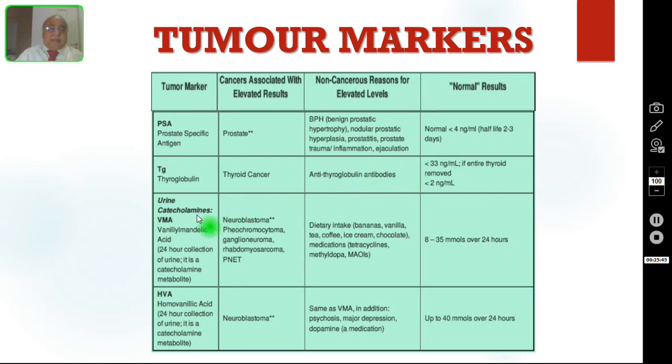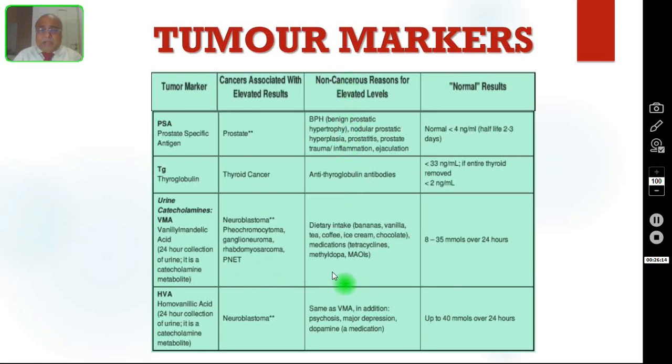The next tumor marker is the urine catecholamines, that is VMA or vanillyl mandelic acid. You have to collect here also the 24-hour collection of urine, and you have to test the VMA in the 24-hour collection of the urine. This is elevated in neuroblastoma, pheochromocytoma, ganglioneuroma, rhabdomyosarcoma, and PNET.